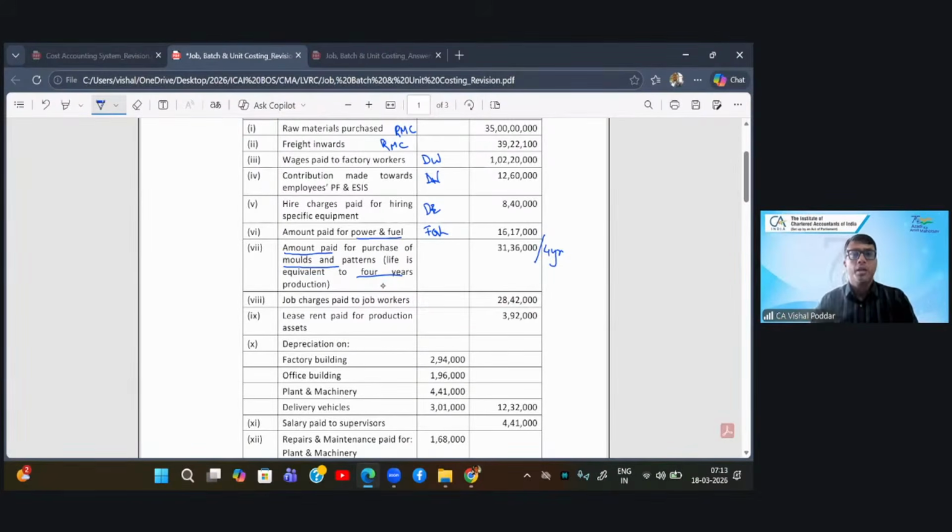Now second point is where it will fall. Again, the same answer as power and fuel, depending upon whether it is identifiable with a particular job or not. Generally, molds are identifiable because for different jobs, you require different molds. Hence, it is more suitably classifiable under direct expenses.